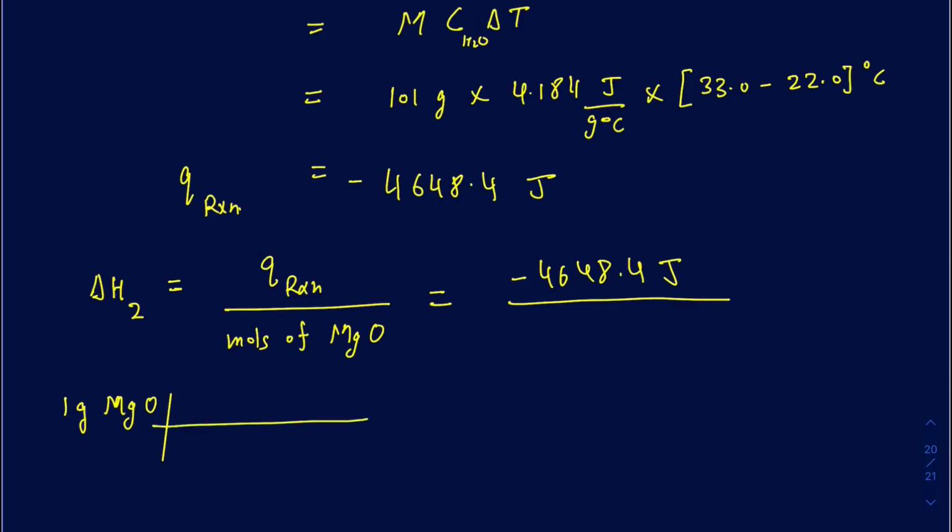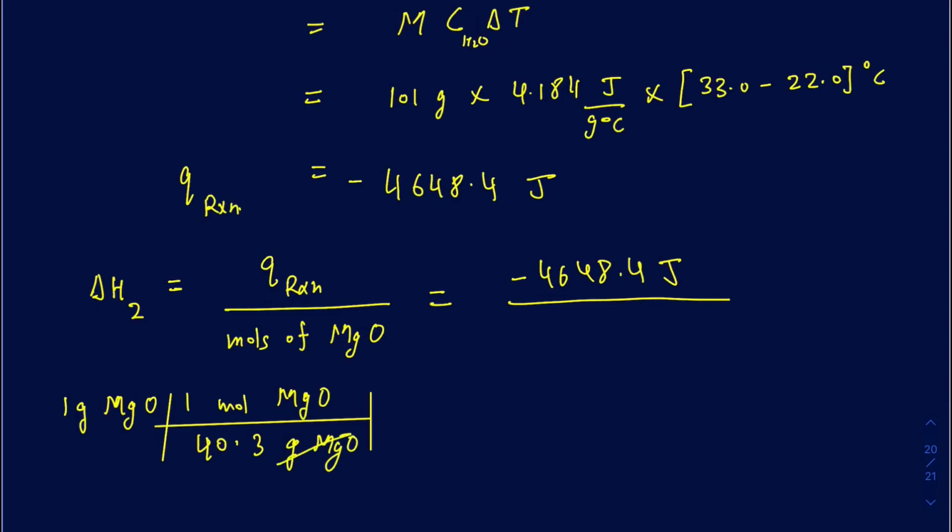And what's the molar mass of MgO? 1 mole of MgO. The molar mass of MgO, or magnesium oxide: magnesium is about 24.3 and oxygen is about 16, so it's about 40.3 grams of MgO.